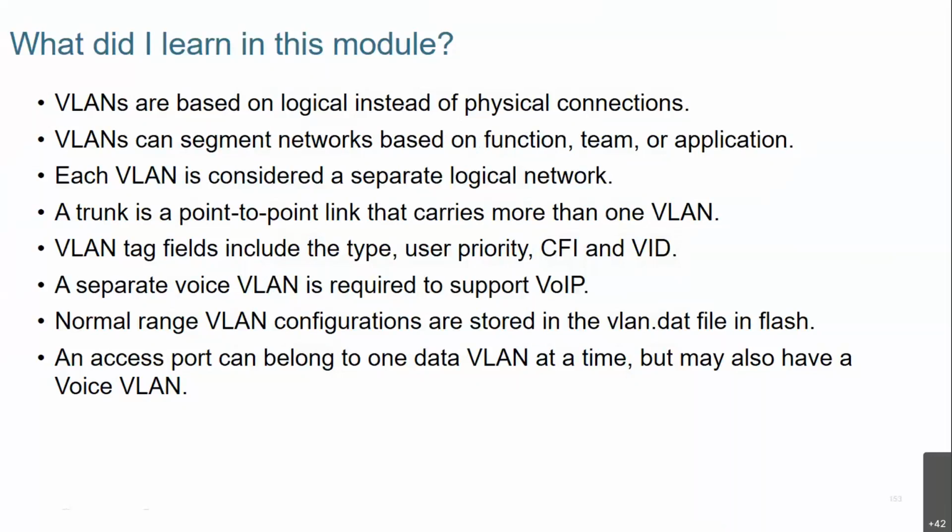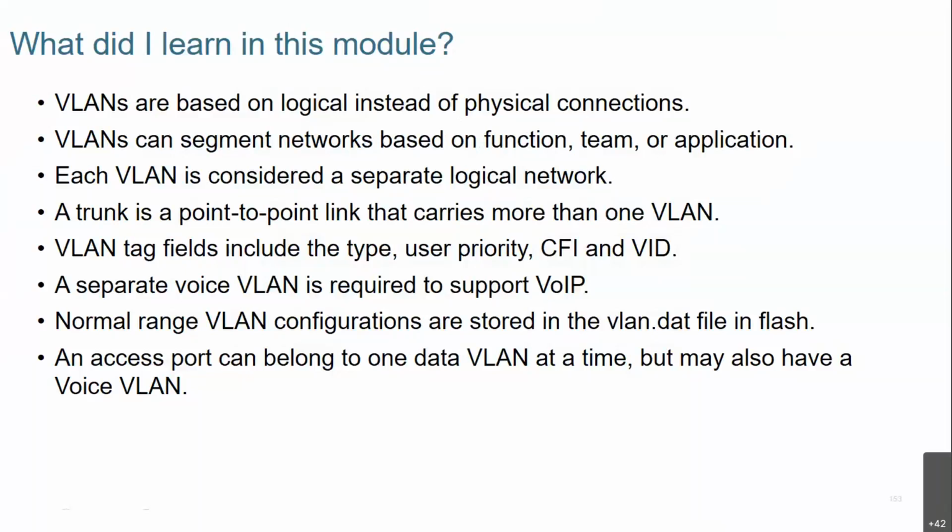A separate voice VLAN is required to support voice over IP, because it gives voice a higher priority and a better environment to work in, with lesser delays, faster speeds, and higher bandwidth. It can reroute out of congested areas and so on.